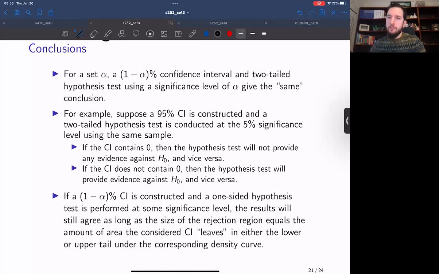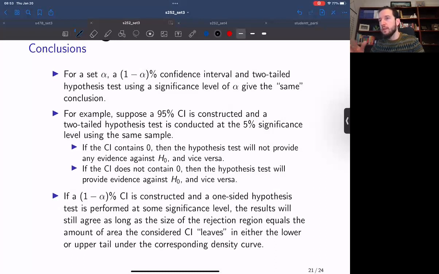Before we get there, I have a few concluding remarks. Most of these remarks are just related to the relationship between the two approaches. So again, at the same critical value, the confidence interval and hypothesis test are going to give the same conclusion. For example, if the CI contains 0, the corresponding test will not reject. If the CI does not contain 0, the corresponding hypothesis test will reject.